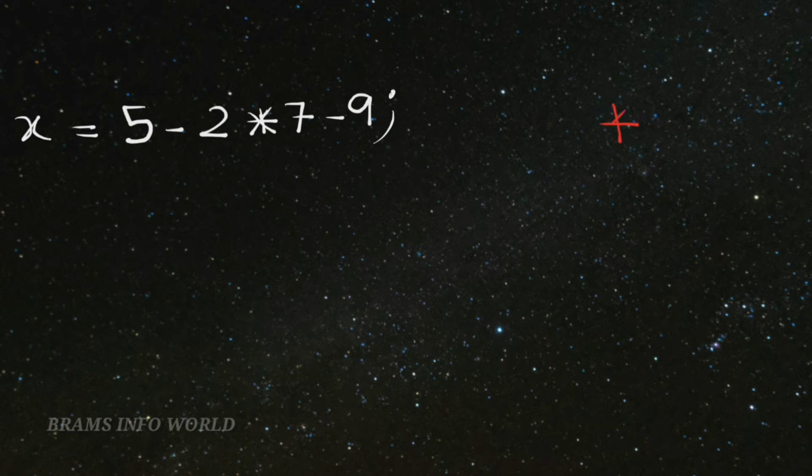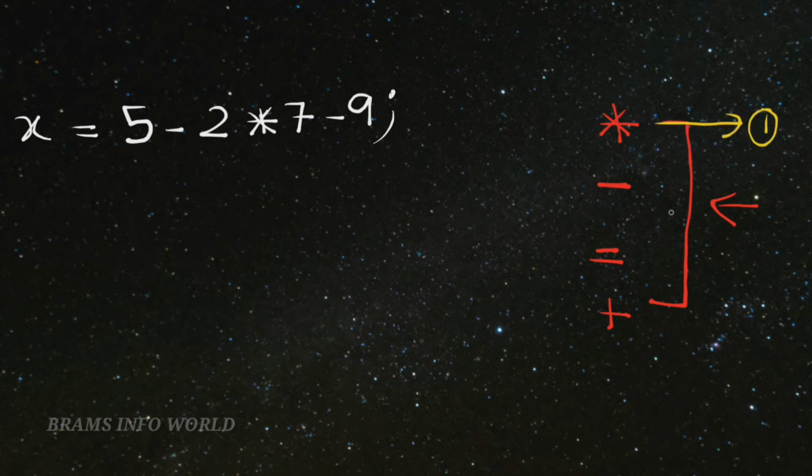The star operator, the minus operator, the equal to operator, and plus is also there. So in total we have 4 operators in this expression. Star is the high priority, priority 1, plus and minus are second priority, and equal to is the least priority. This is the basic precedence of operators.